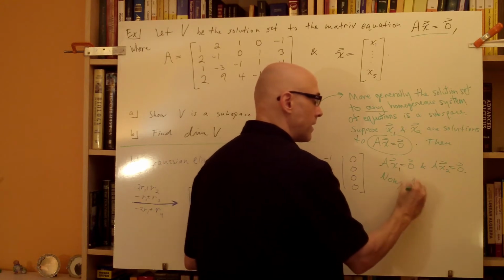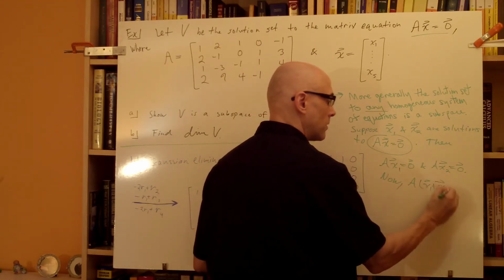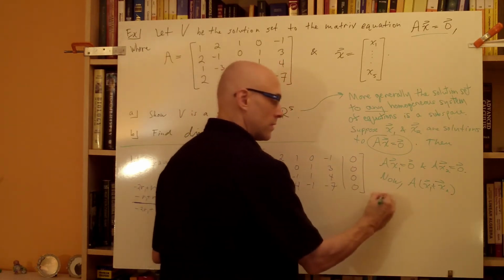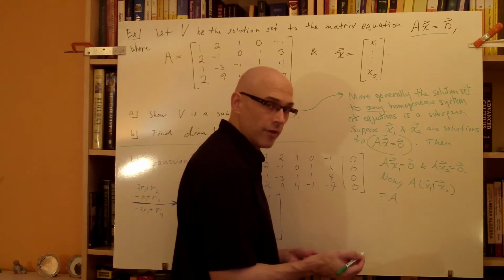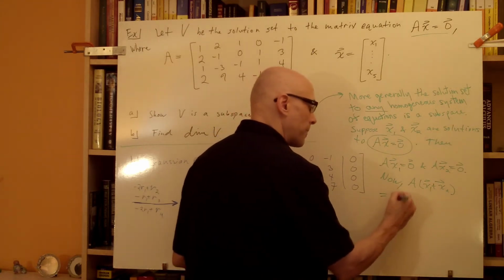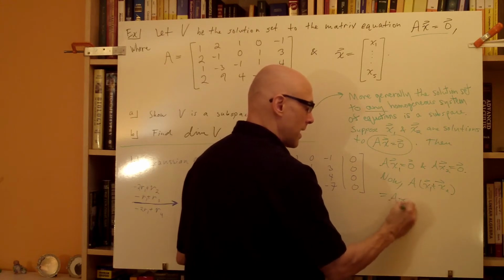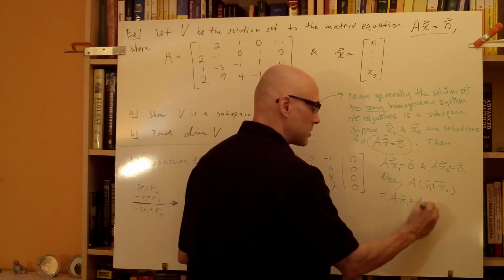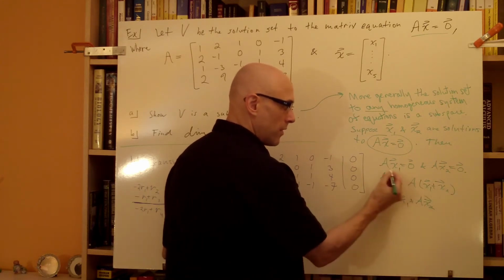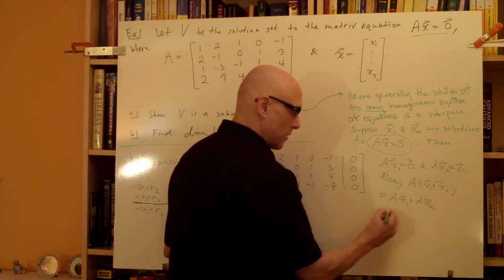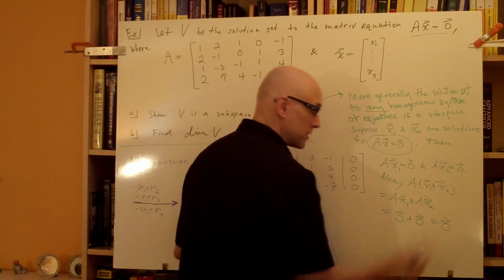Now what you find is that A times (x1 plus x2), which we know from the properties of matrix multiplication developed in chapter 2 of the notes or the text, is Ax1 plus Ax2, right? So that distributes in. And now Ax1 is 0, Ax2 is 0, so this is 0 plus 0, and therefore we get the 0 vector.